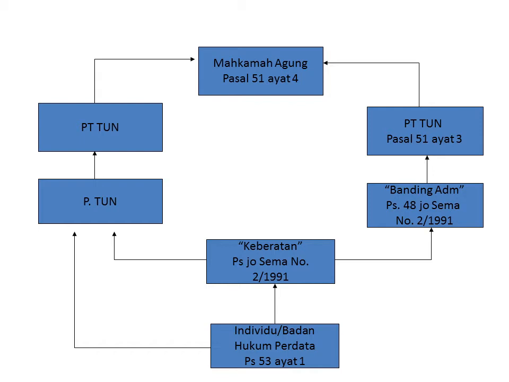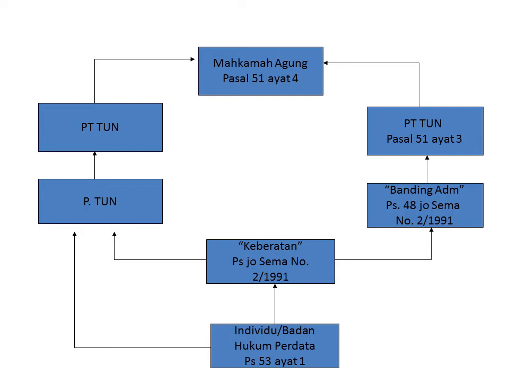Let's say that I am a lecturer and then I'm terminated from my position based on the decree of the rector. So I will follow the administrative appeal if I submit an appeal to the institution higher than the rector and the university.